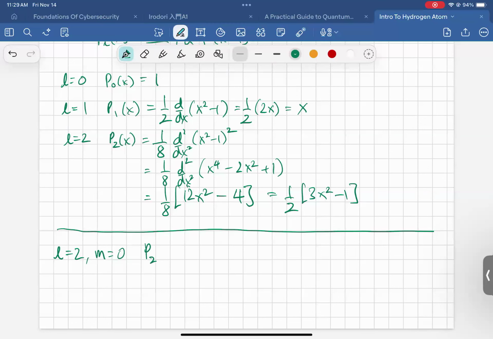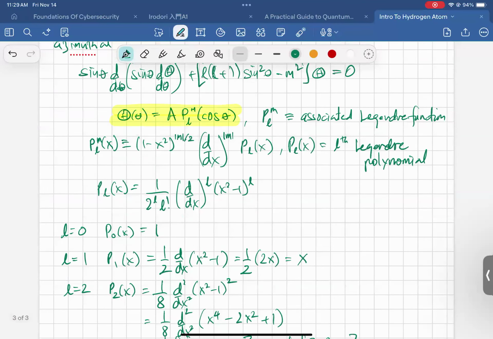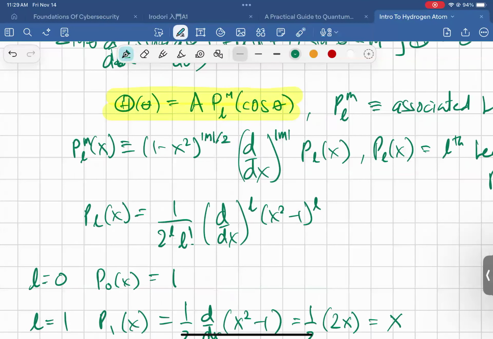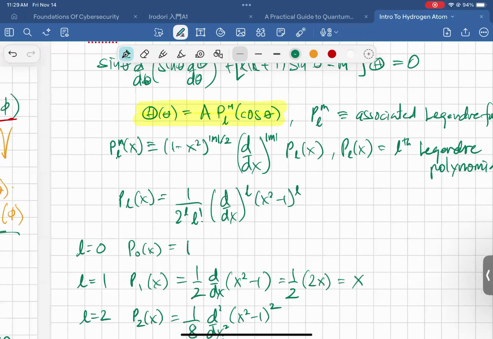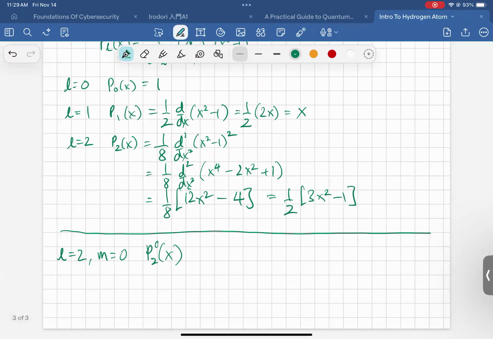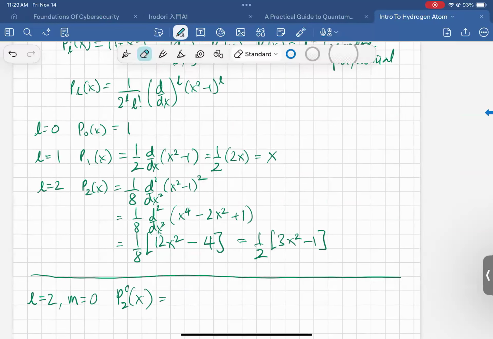So ibig sabihin P2 0 of X. Ito yung equation na ginagamit natin. P2 0 of X equals 1 minus x squared raised to the m over 2. So this is 1 minus x squared raised to the 0. So that's simply 1, so pwede ko nang tanggalin yan.